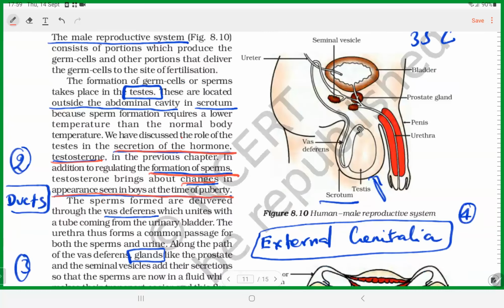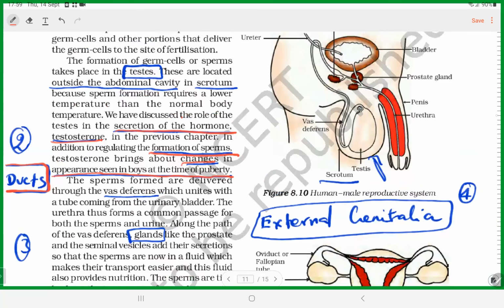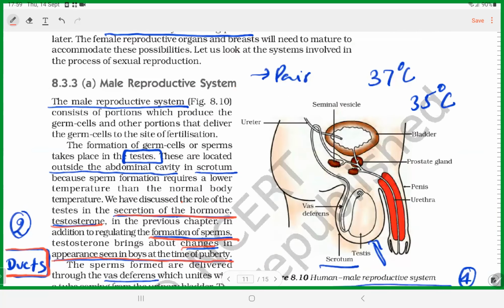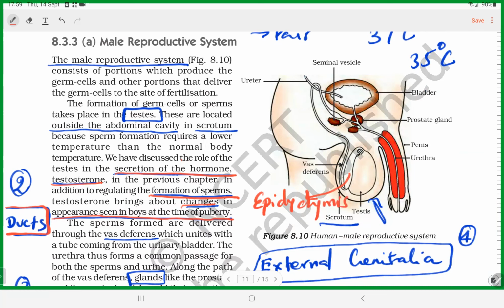Now the second component, the ducts. At least two parts you should know: this part is called the epididymis.